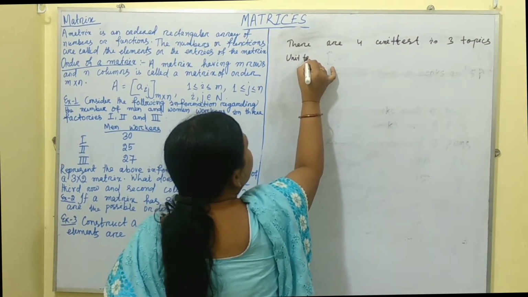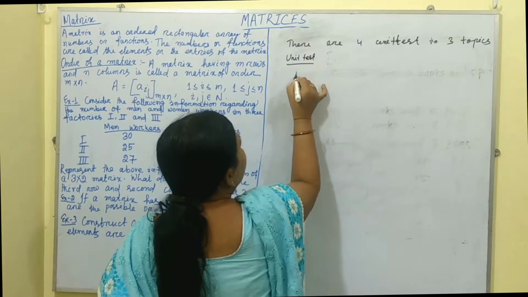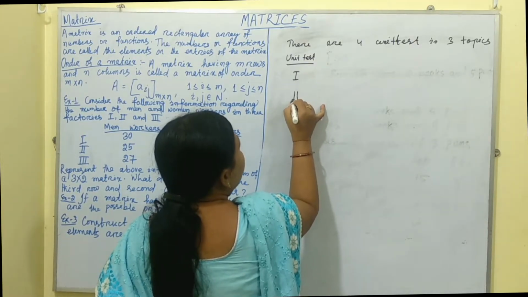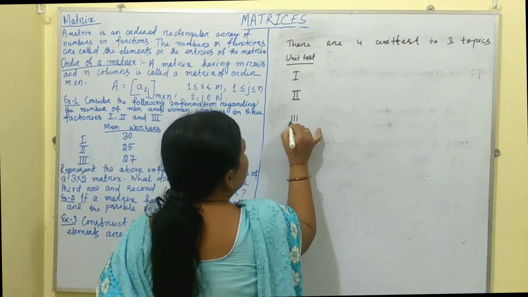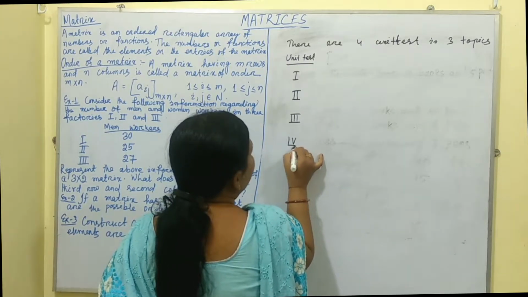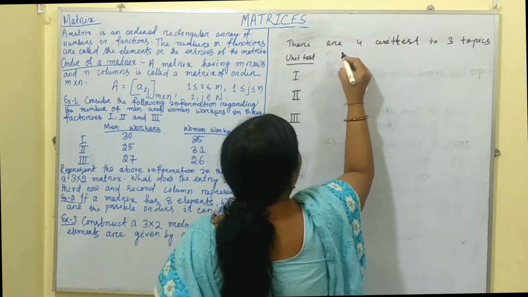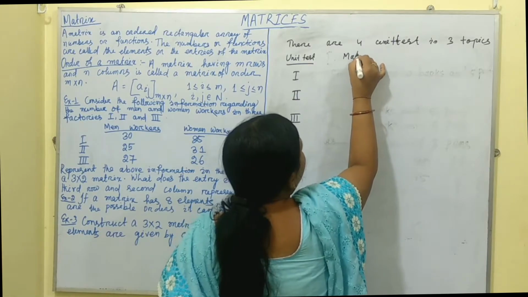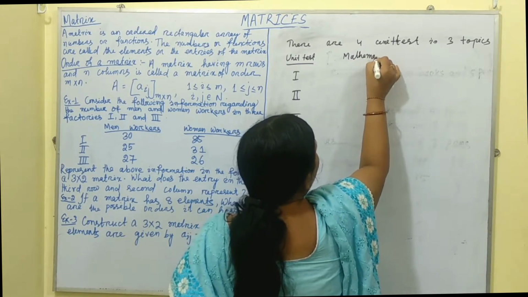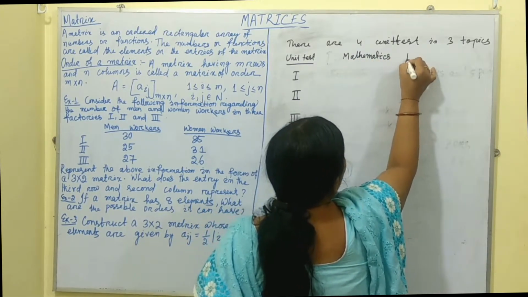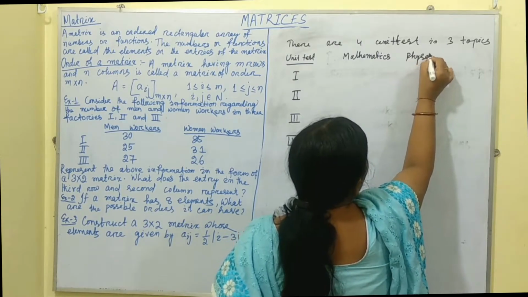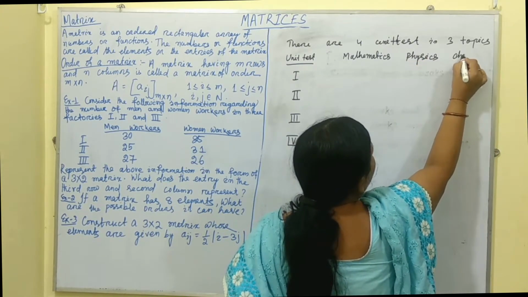Unit tests: test number 1, test number 2, test number 3, test number 4, and subjects: mathematics, physics, chemistry.